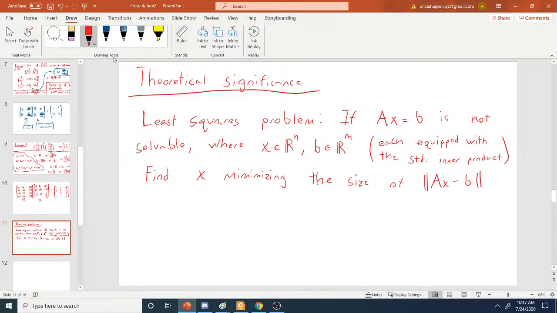So if we can't find an x that makes this solution be exactly true, instead we try to find the x that minimizes the length between Ax and b. And here is the solution. This assumes A has full column rank.